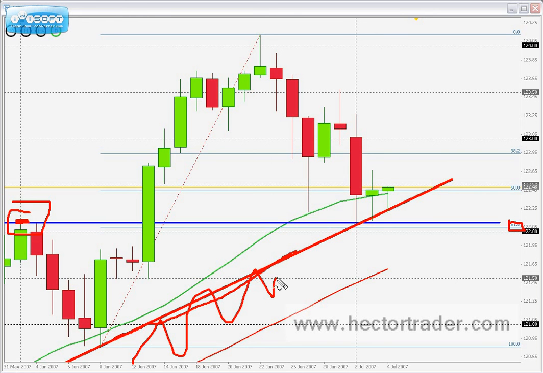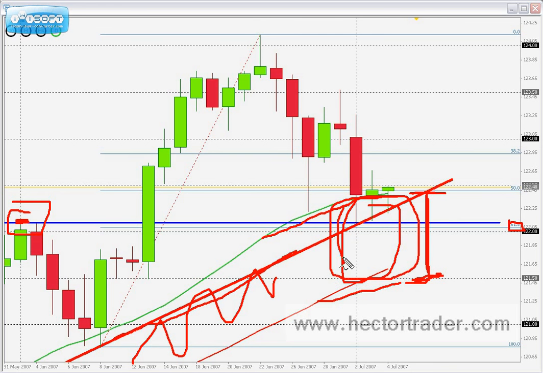The dynamic area of support is not a specific level but rather a band between the 30 and the 50 simple moving average. You can't really specify one precise level because there's a big gap between the 30 and the 50. You know that you want to enter within that band, but you can't say at what precise level.